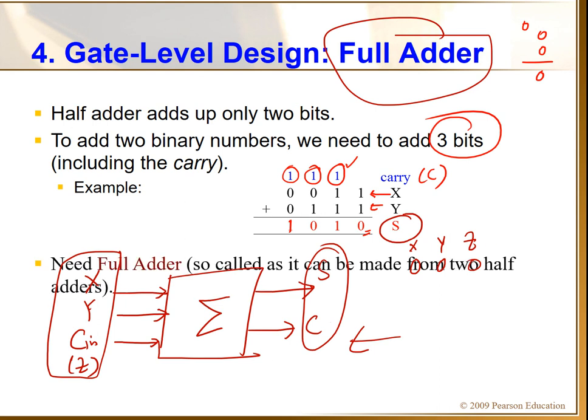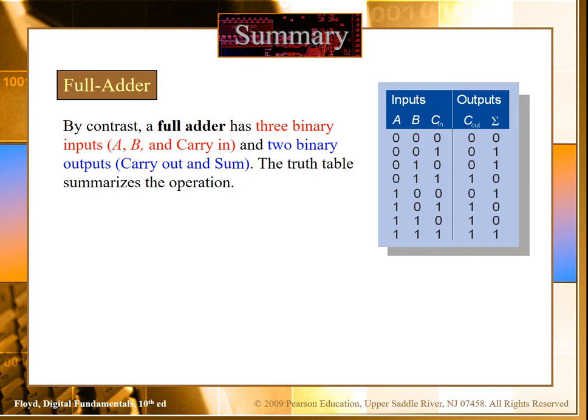Okay, so if you try to make the truth table here, you will get something like that. For example, let's say first case. A and B are the binary inputs for x and y. So this is 0, this is 0. So the sum of 0 and 0 is what? Sum will be 0, right?